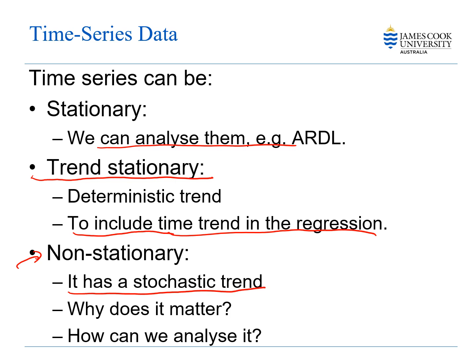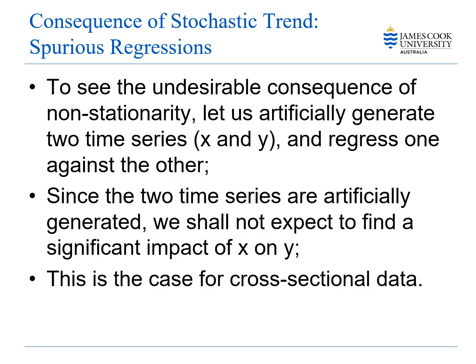Okay, now you need to ask, why does this matter? And how can we analyze it? Let's check why it matters. To see the undesirable consequence of non-stationarity, we artificially generated two time series, called X and Y. And we regress Y over X, one against the other.